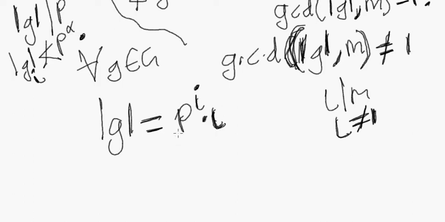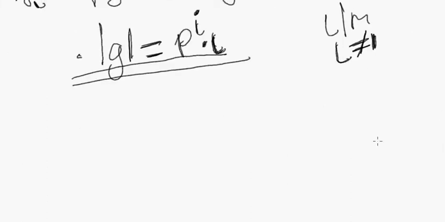So, okay, if the order of every element is of the form P to the I times L, why is this useful information? What are we going to do with this? Can this lead us to some contradiction? We notice that if the order of G equals P to the I times L, aren't we saying that the group generated by G, the cyclic group?